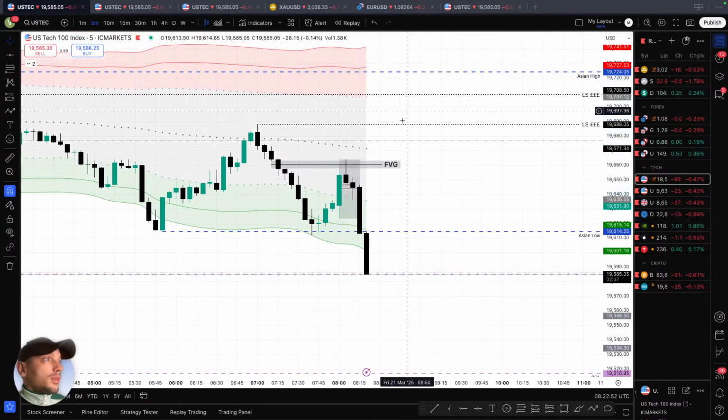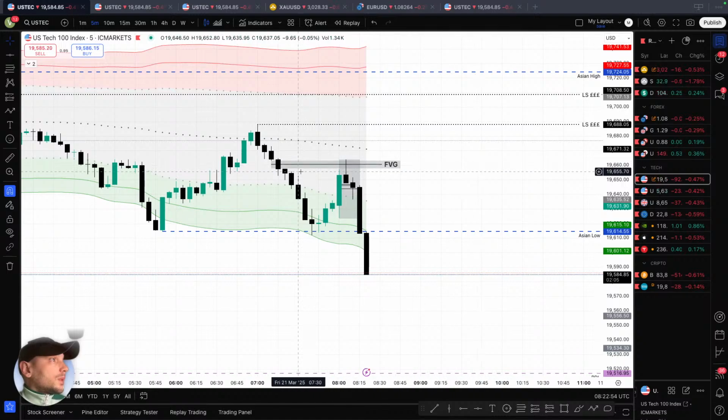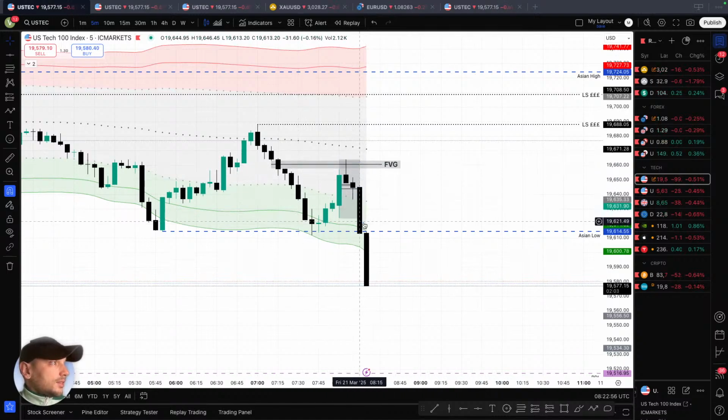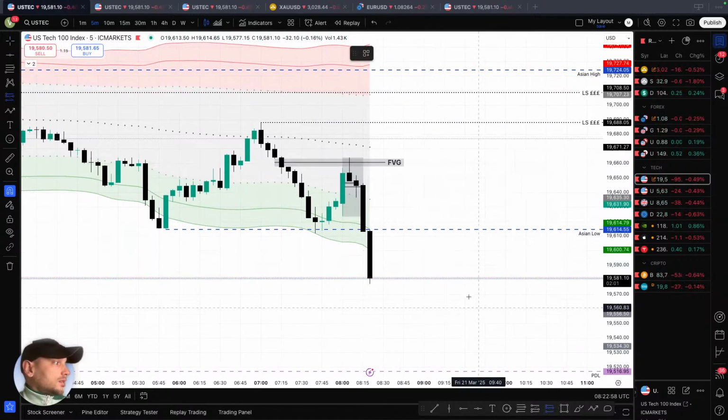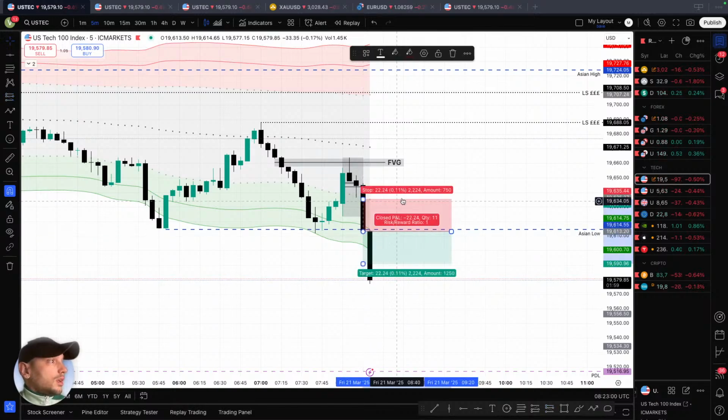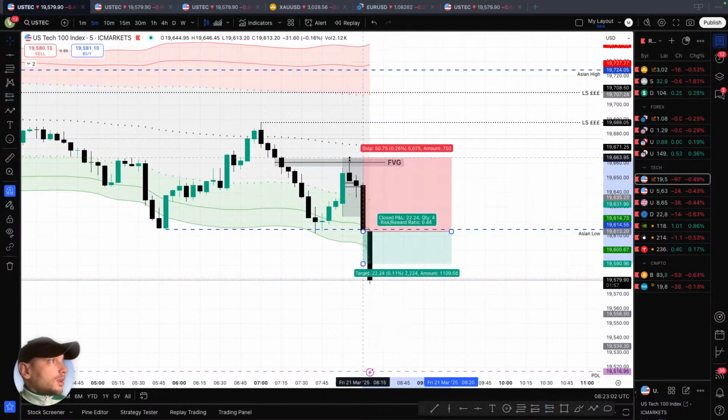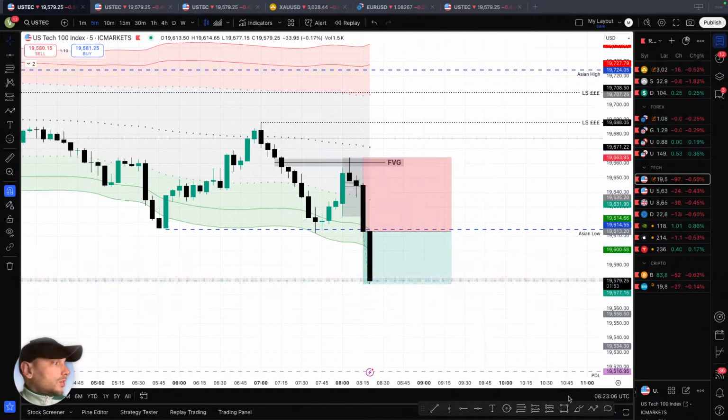The first ORB, it failed, but we saw reaction from here, and this 5-minute candle, oh my days. We missed the entry here. It would look something like this. 0.71, not bad. We're already gonna be on break even here.